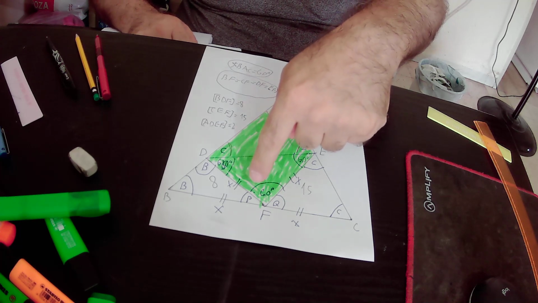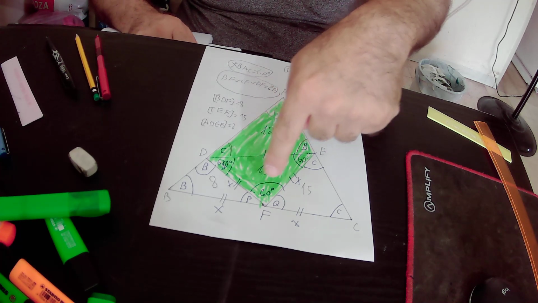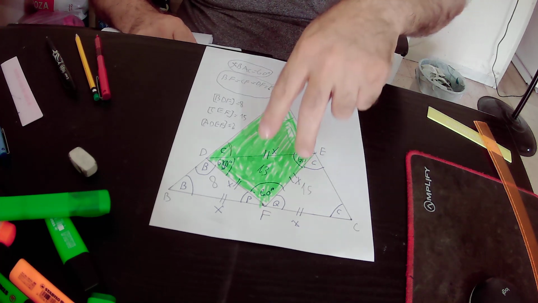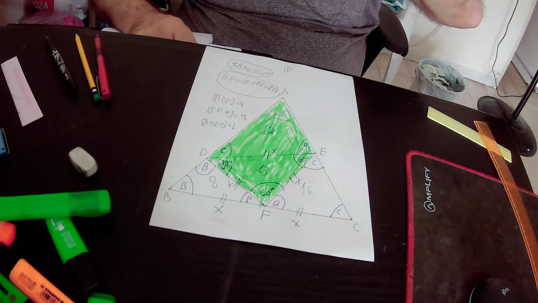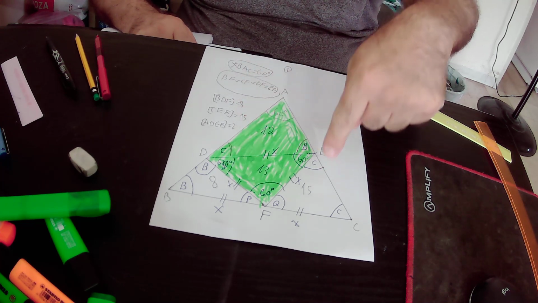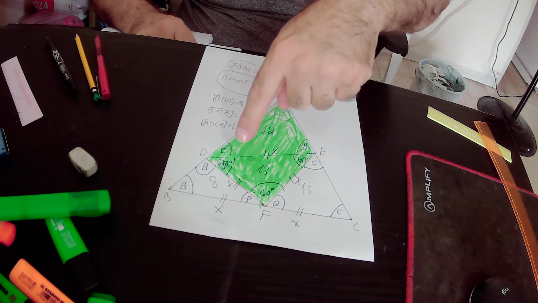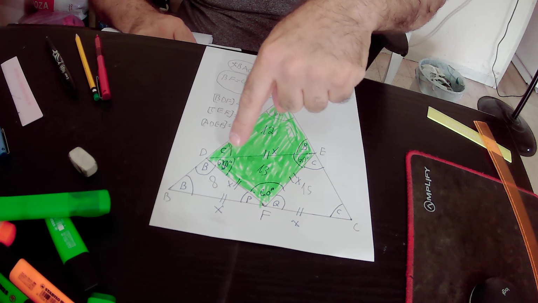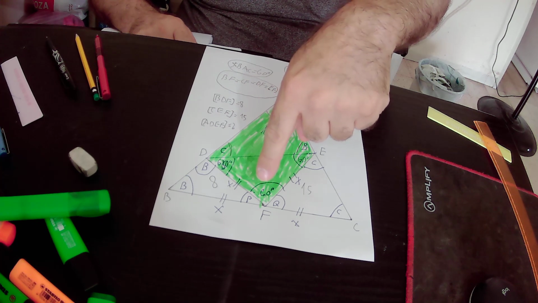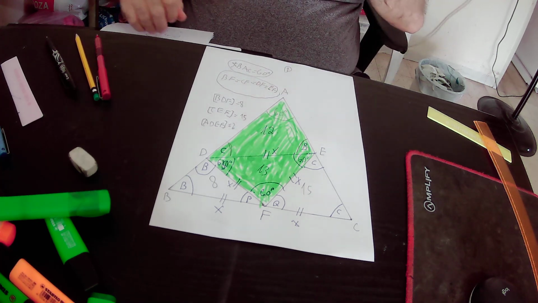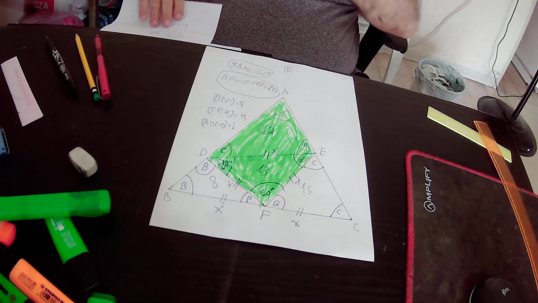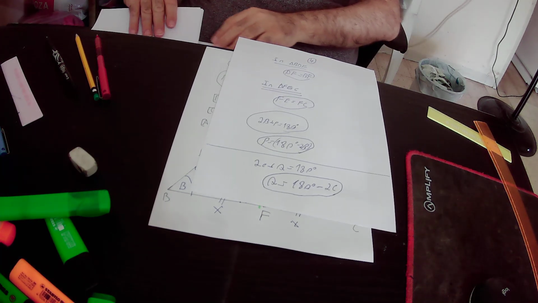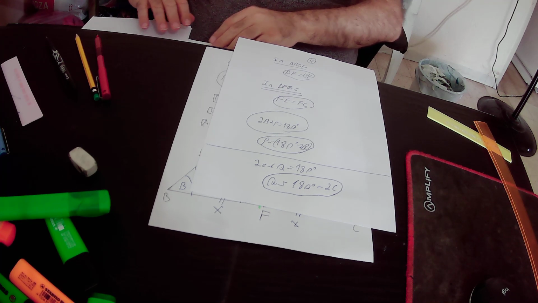Then we defined angle DFB as P and angle EFC as Q, and we expressed angles P and Q in terms of B and C. We know that the sum of the angles in any triangle equals 180 degrees, so 2B plus P equals 180 degrees.